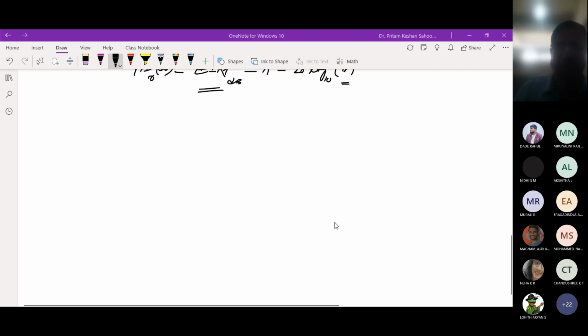All right. Now, if we focus on the antenna gain, normally if you take an ideal antenna, the gain of an ideal antenna is equal to 4 pi A divided by lambda square.